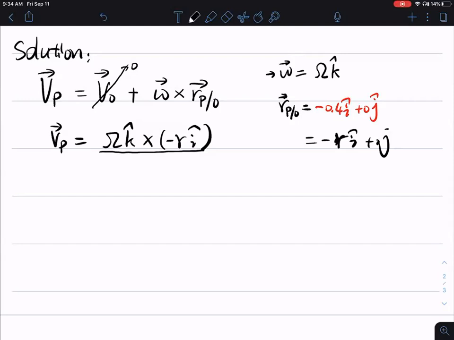Okay, raise your hand if you have an answer. Holden, what's your answer? Negative omega R J. Yes, that's the correct result for that cross product.